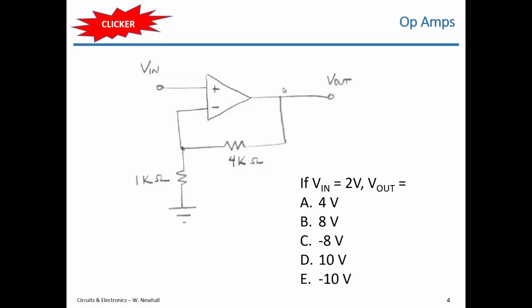Remember, I talked about the decision tree, how to analyze an op amp circuit. If an op amp circuit has negative feedback, and this one does, you can identify that because there's some connection between the output of the op amp and the inverting input where none of the nodes in between are held at a constant voltage.